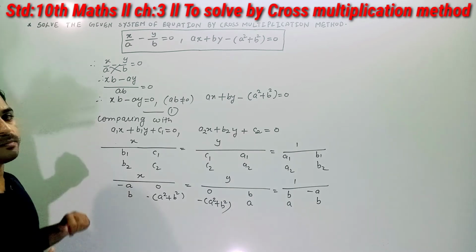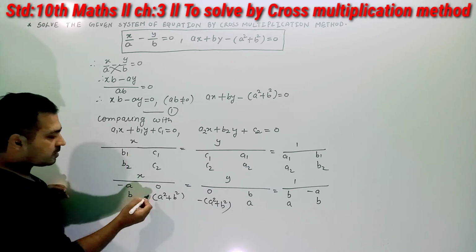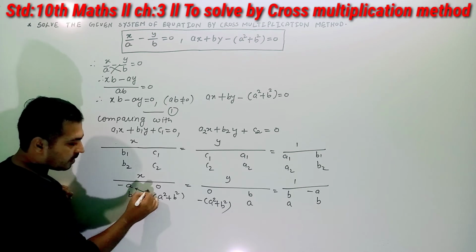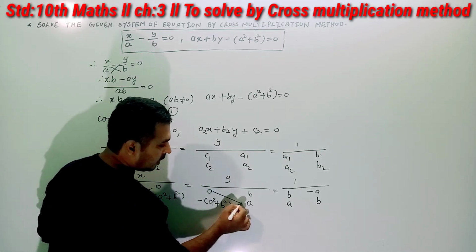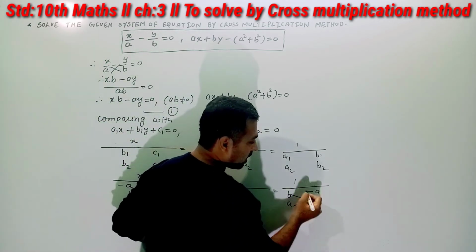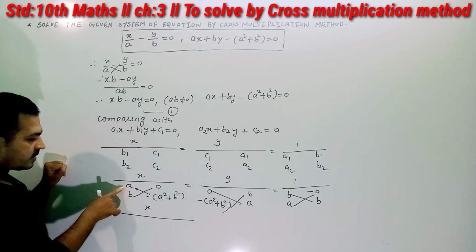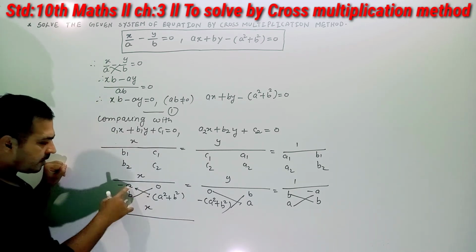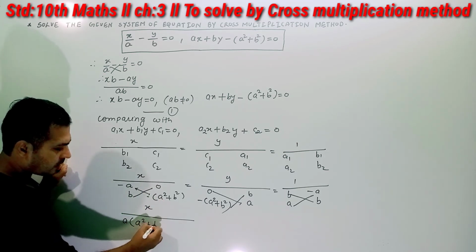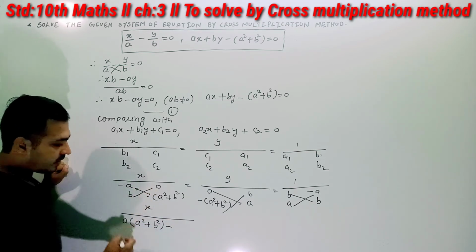What will we do next? We will do the cross multiplication. Cross multiplication means the first term is multiplied with the diagonal term, and so on. So 0 into a, then b into b, and a into minus. Minus a into minus, there will be plus, so a is multiplied by (a square plus b square), minus 0 into b.